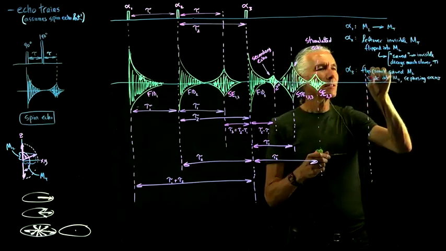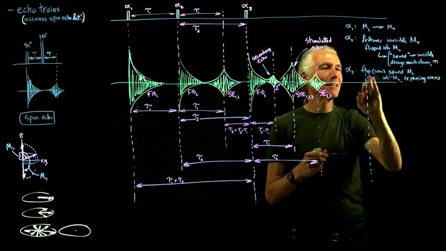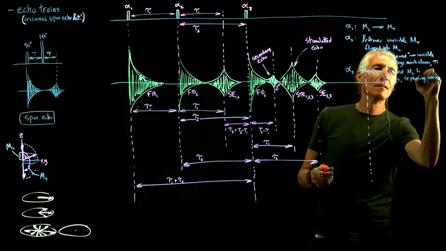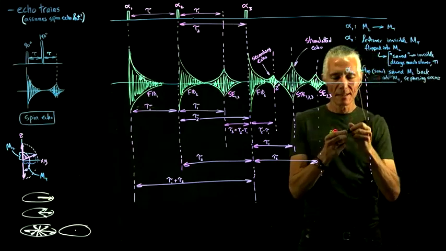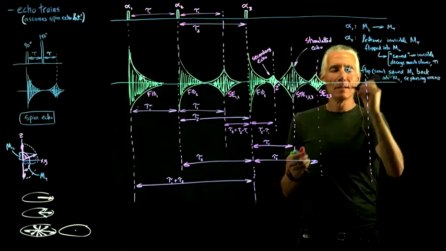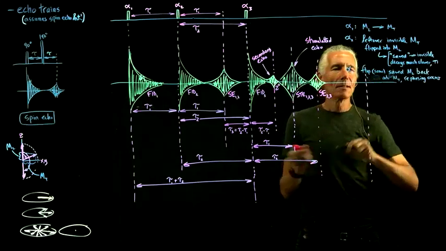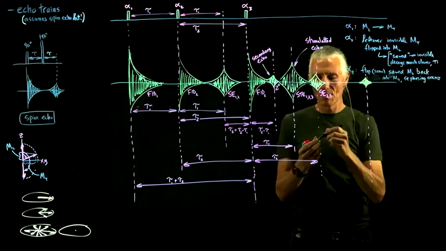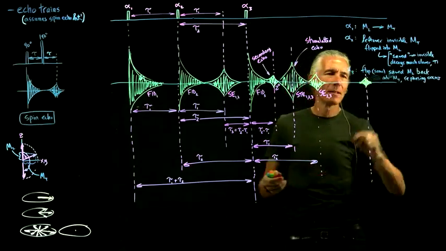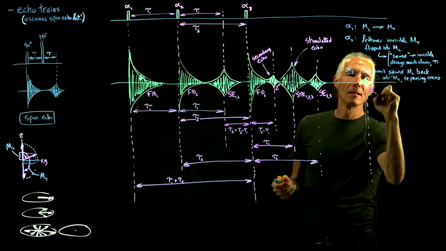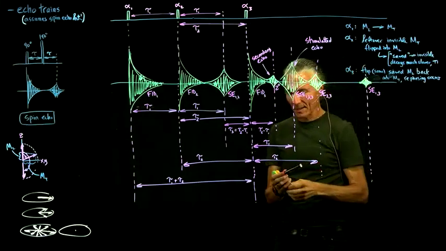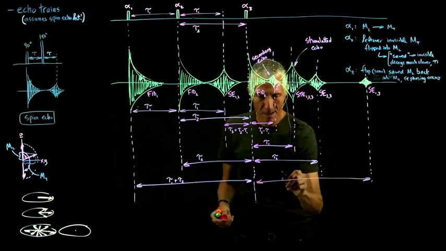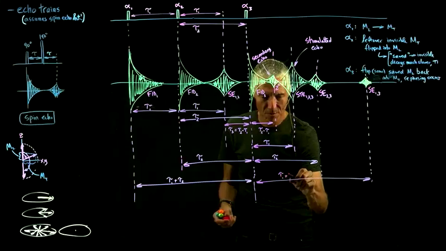And then finally it's quiet. So that's the last one. This one's pretty small. So this is a little spin echo. And so this is spin echo 1 and 3. And so that comes in exactly at time tau 1 plus tau 2.